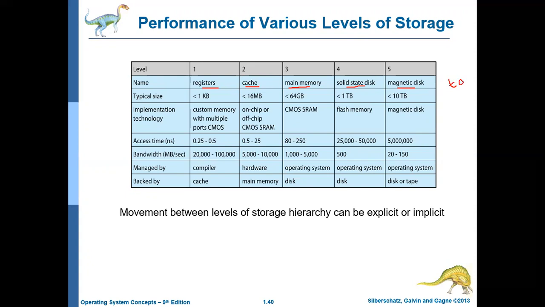Even though the generic definition says that cache memory is a high-speed memory placed in between processor and main memory, considering the different levels of the storage hierarchy, we can say that magnetic disk acts as a cache memory for tapes, because whatever is available in the tapes will also be copied into disk.